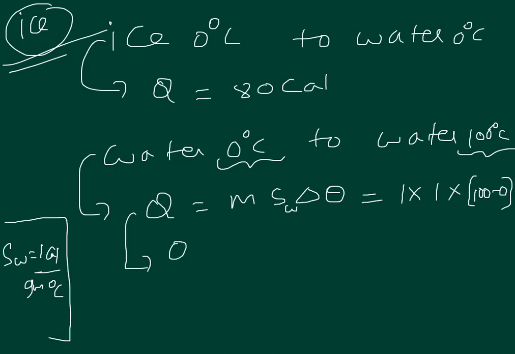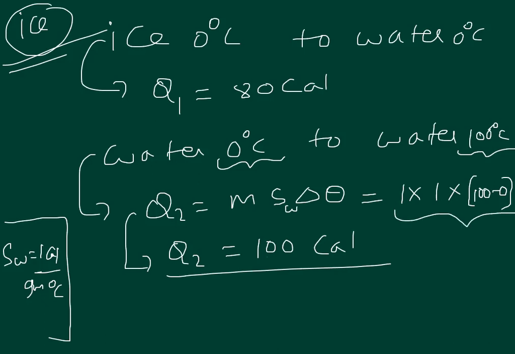So here Q is heat energy, let me call these Q1 and Q2. Q1 is 80, and how much did we get for Q2? Yes, 1 into 1 into 100 is nothing but 100 calories. Already I got 80 calories.